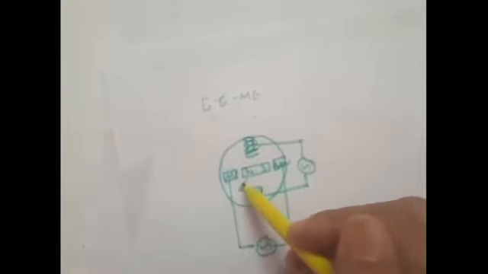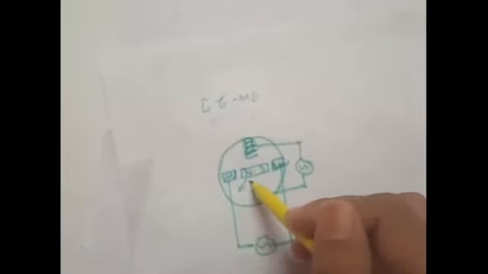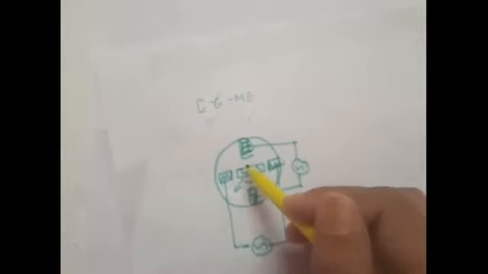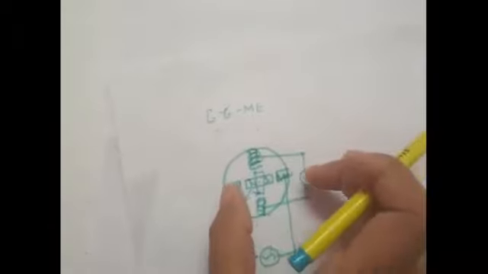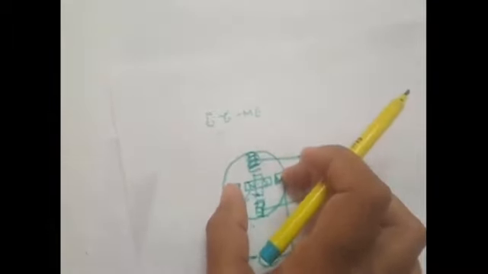Then again the force decreases, so it will cause it to move in this way. Then when it comes to this position, again it is collinear with this pair, but perpendicular to the magnetic field of the other pair of coils.